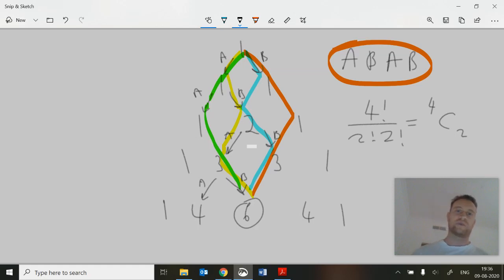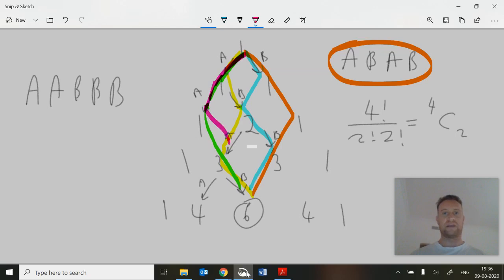Okay, and likewise, if we want to get to the next level, if we wanted to do A, B, B, B, and want to know how many different ways there are of spelling this word, well, that's the same as, let's choose magenta, that's the same as doing A, B, B, B, right? It will take us to this position here. So that's going to give us 10, the summation of this one and this one.